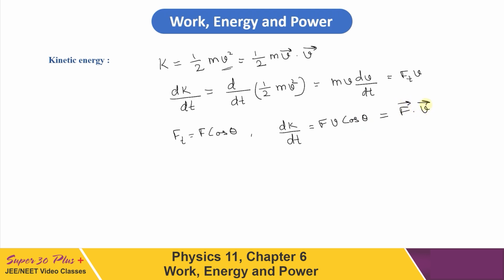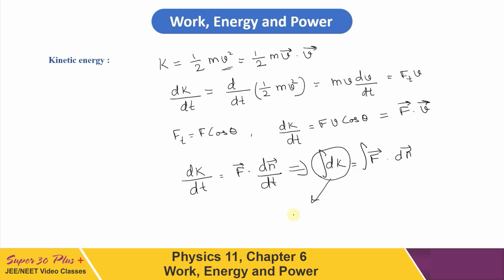Now v can be written as dr by dt, so we can write dK by dt as F dot dr by dt as well. And from here we got one very important result, that is dK is equal to F dot dr. If we integrate on both sides, what is this left hand term?